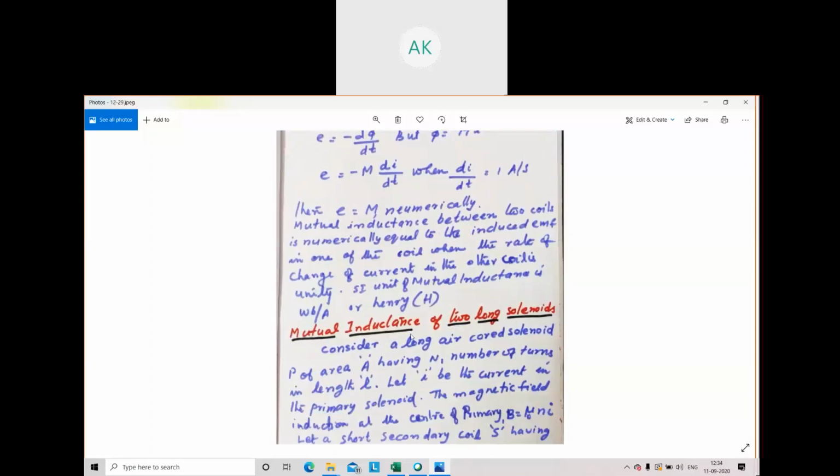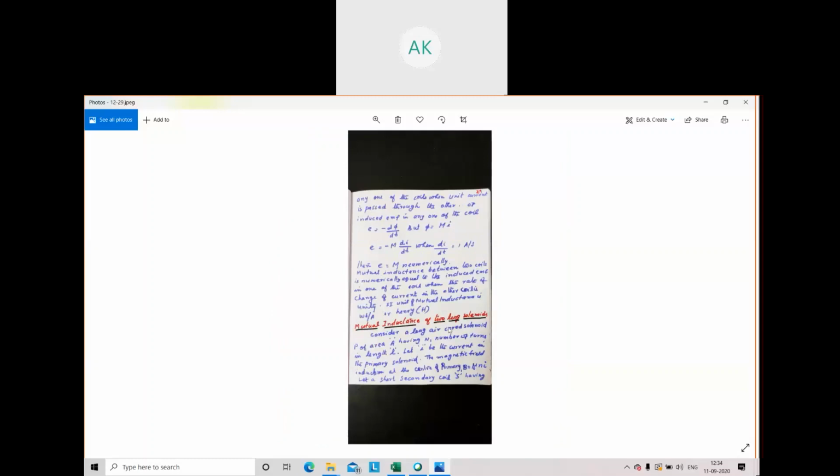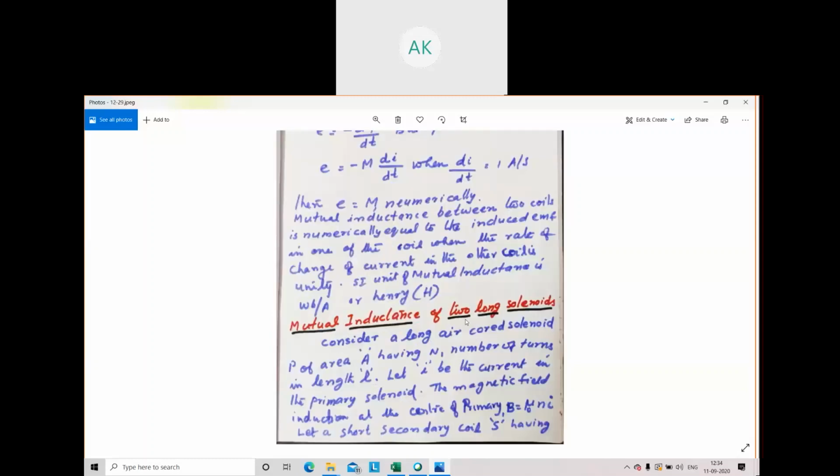Then here also we have to derive the expression for mutual inductance of two long solenoids. Self-inductance we have derived as mu 0 n square A by L. Here, what is the expression for mutual inductance of two long solenoids? For that you have to consider two coils.